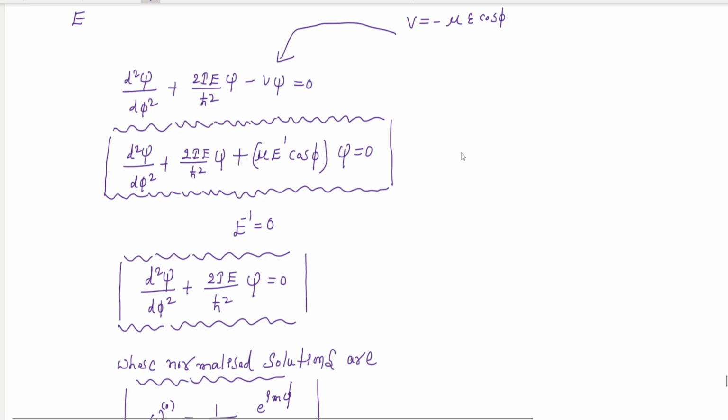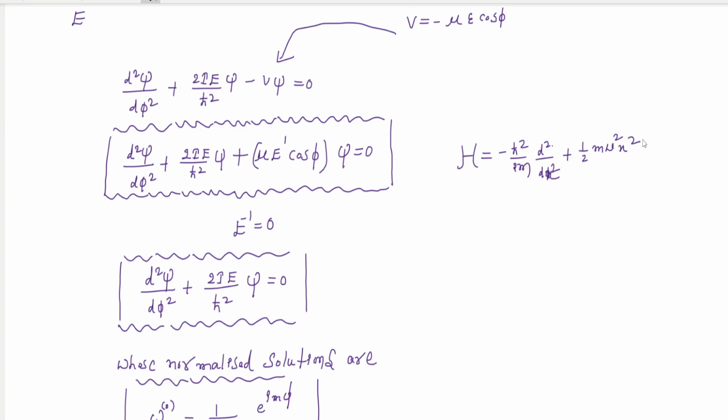I'm going to write the Hamiltonian of this Schrodinger equation like this. The Hamiltonian H is equal to minus h cross square divided by 2m d square divided by d phi square, plus 1 divided by 2 m omega square x square. It looks like that; you can use x square here for understanding purposes.